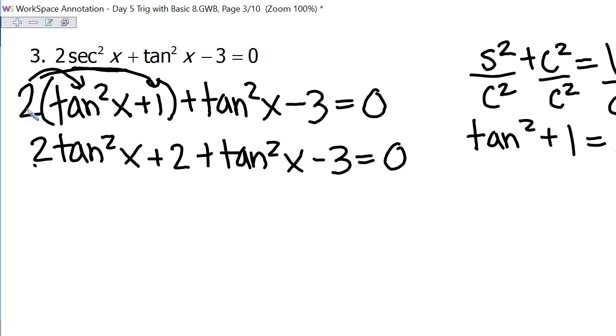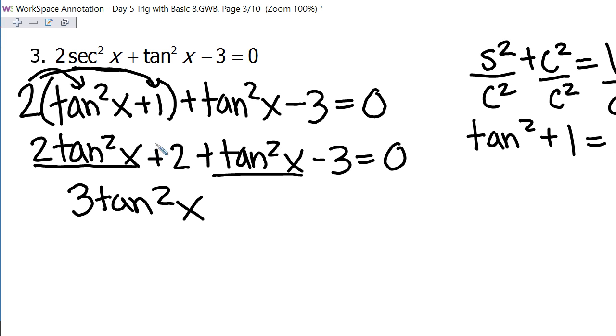Combine my terms, so 2 tangent squared plus 1 tangent squared would be 3 tangent squared of x. And 2 minus 3 is negative 1 equals 0. It's tangent by itself, so we'll need to add 1 to both sides.